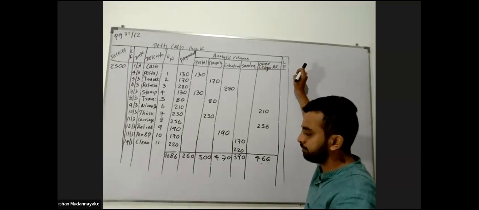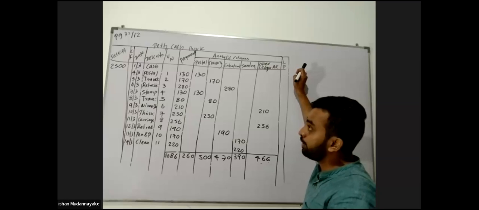Now, how to balance out the petty cash book?